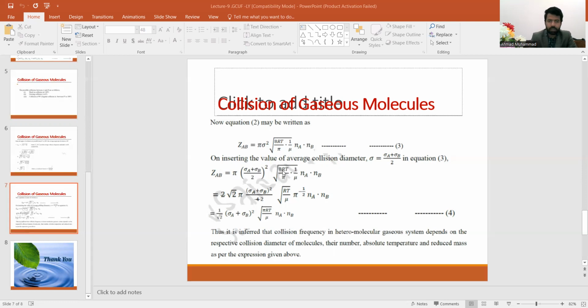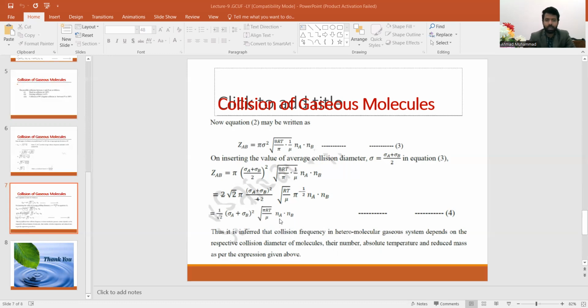Then we can solve this equation by taking the 8 under the root and simplifying, and the final equation becomes 1 over 2 sigma A plus sigma B squared into the square root of pi RT over mu, NaNb.